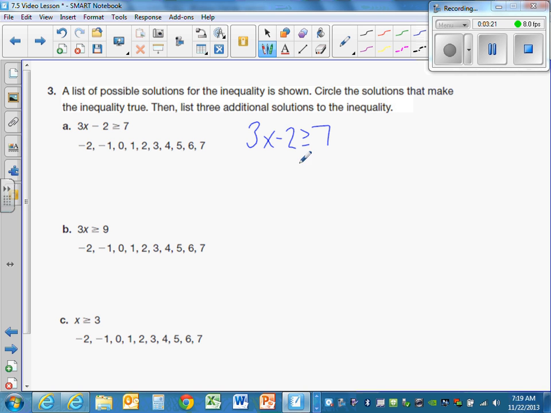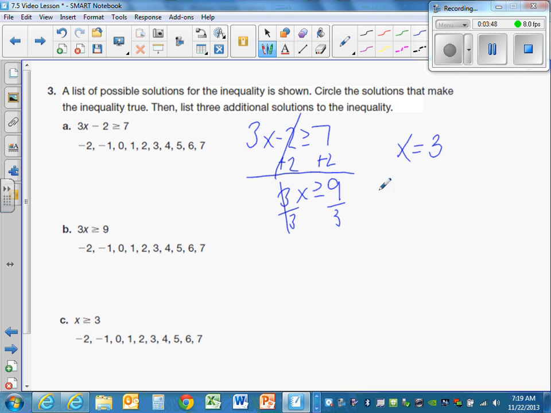In order to solve, remember we have to work through our order of operations backwards, which means take care of any addition or subtraction first. So here the opposite of subtraction is addition. I'm going to add 2 to both sides. It cancels out on this side. I'm left with 3x is greater than or equal to 9. And divide by 3 on both sides. We're left with x is greater than or equal to 3.